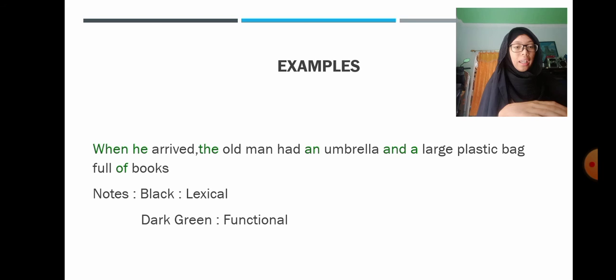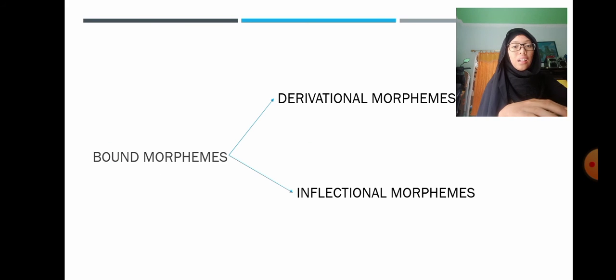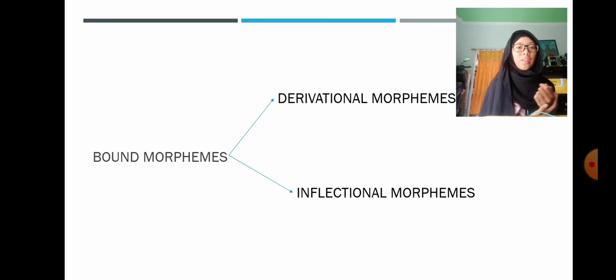Okay, and then bound morphemes we can divide into two types again, which are derivational morphemes and inflectional morphemes. In the next slide, I will give you the definition for each type of these morphemes.